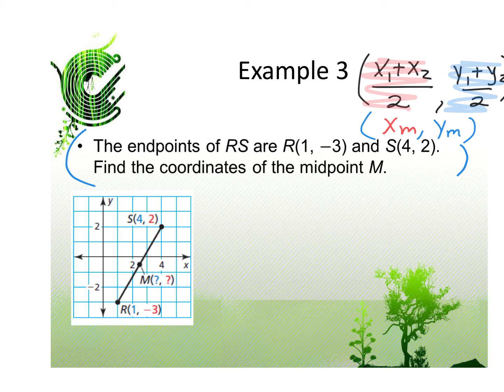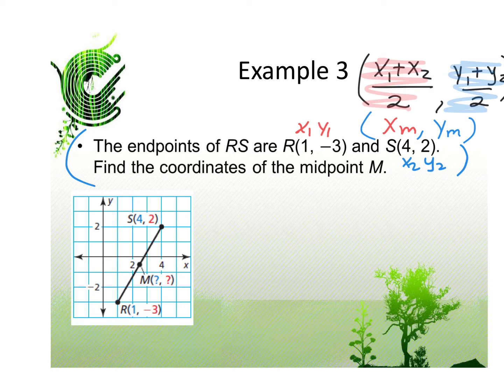Now, when I'm given the 2 endpoints, I need to label point R as either ordered pair number 1 or ordered pair number 2. It doesn't matter. So I'm going to say point R is going to be my x1 and my y1. So this will be x1, y1. And then point S, I'm going to say this one's the x2, y2, ordered pair number 2.